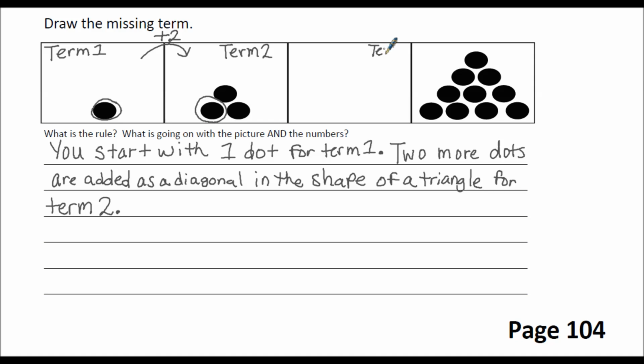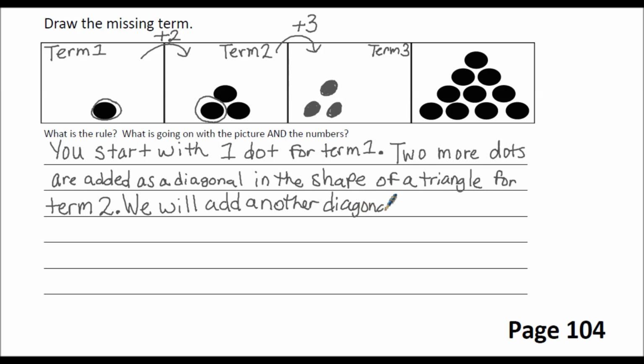Now to get this next term, or term 3, we're going to start drawing what term 2 looks like. Now to get from term 2 to term 3, we're going to be adding 3 more. So we will add another diagonal, but with 3 dots to create term 3.